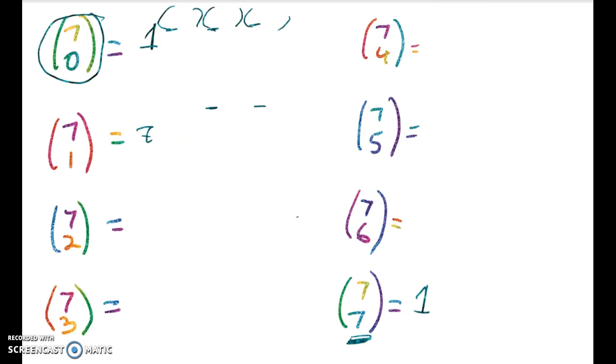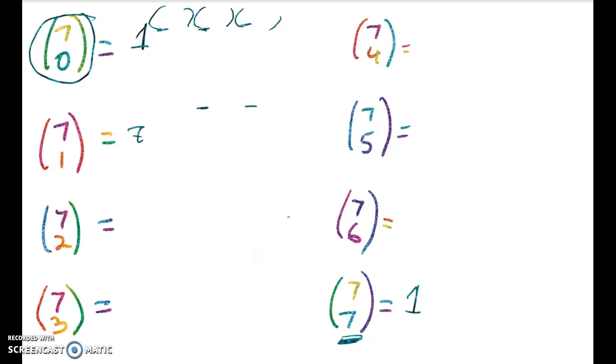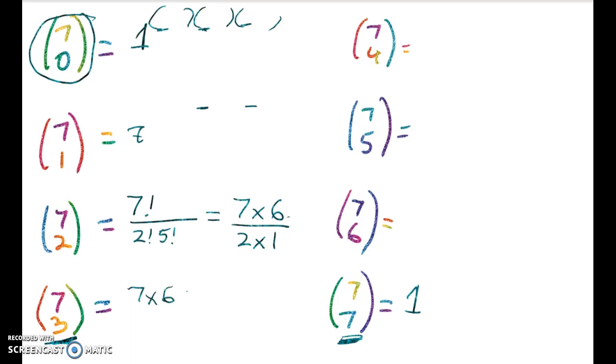So what about 7 choose 2? Well, 7 choose 2 is equal to 7 factorial over 2 factorial, 5 factorial. Some of that cancels out to give me 7 times 6 over 2 times 1. 7 choose 3 is 7 times 6 times 5 over 3 times 2 times 1, right?